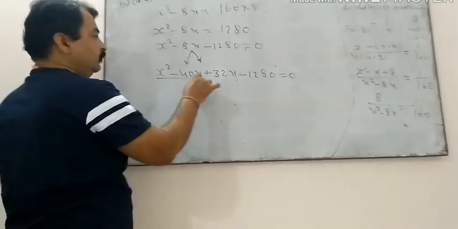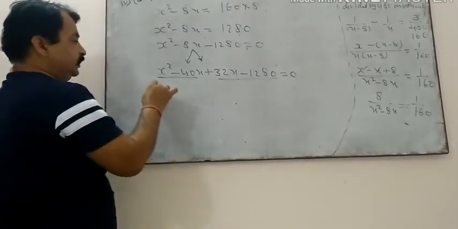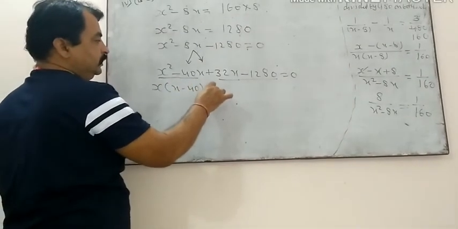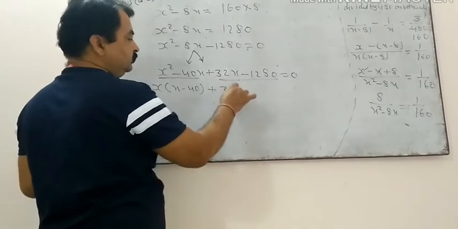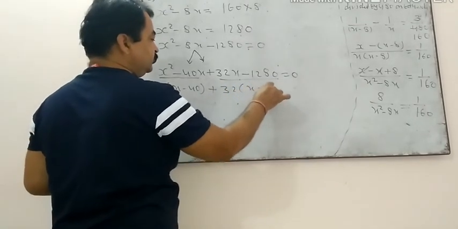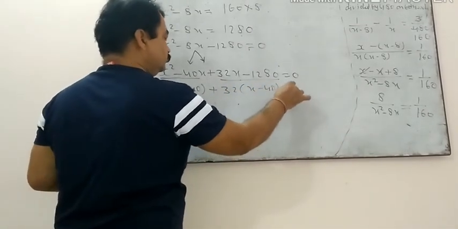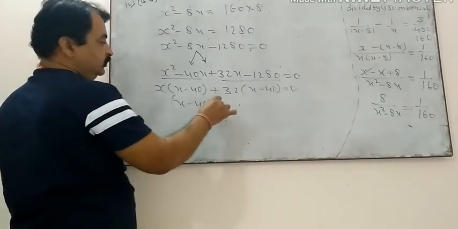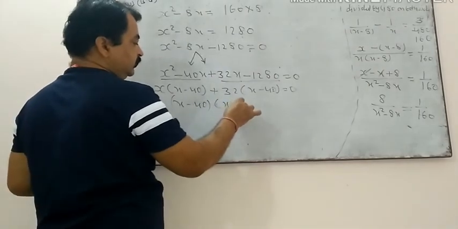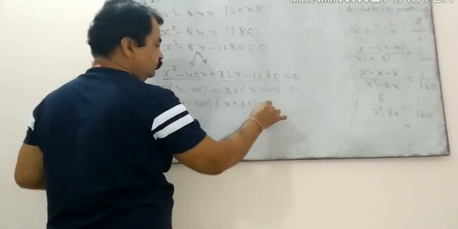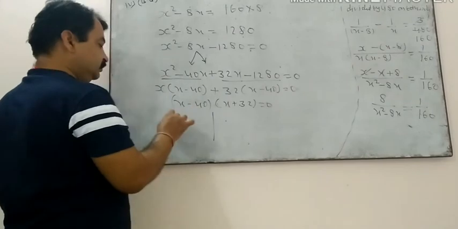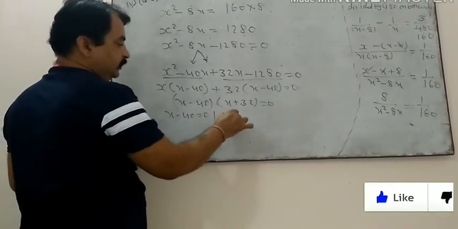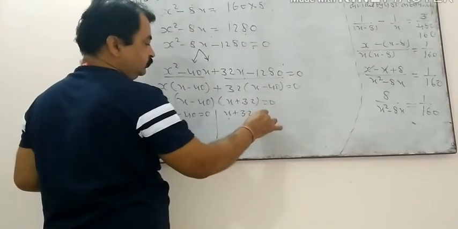Right? Now, take the pair of 2, 2. Take x common, so you will get x minus 40. And here 32 common, so you will get x plus 32, equal to 0. So you will get 2 factors, x minus 40 and x plus 32 equal to 0. Out of these 2 factors, set both equal to 0. x minus 40 equal to 0 and x plus 32 equal to 0.